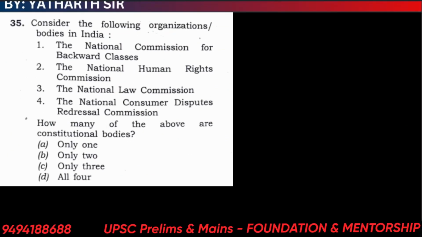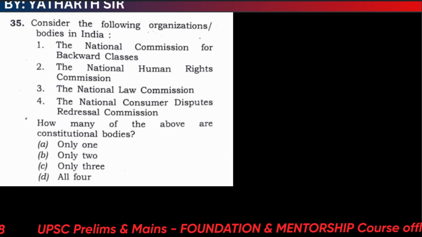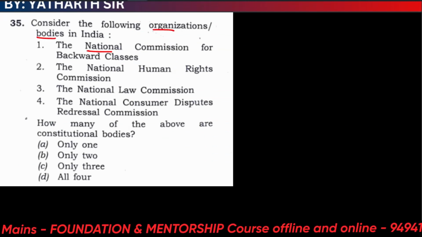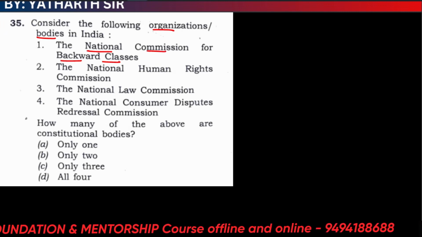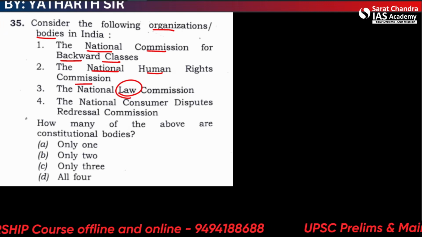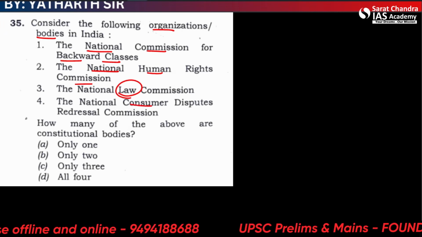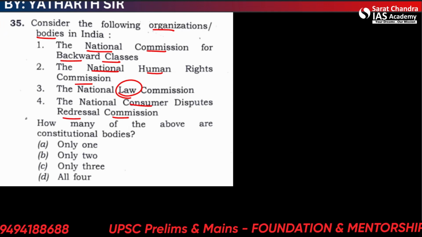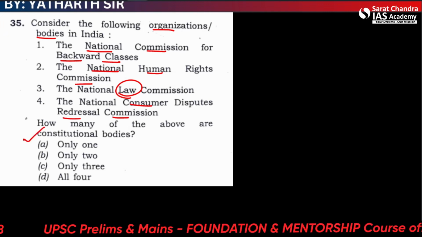So first of all, let's see what was the question. Consider the following organizations or bodies in India: the National Commission for Backward Classes, the National Human Rights Commission, the National Law Commission, the National Consumer Disputes Redressal Commission. And the UPSC asked how many of the above are constitutional bodies.